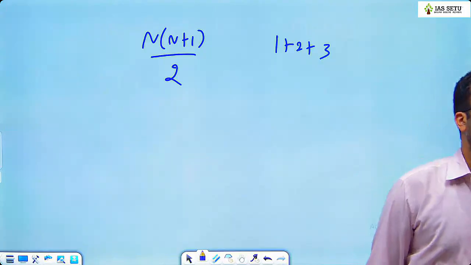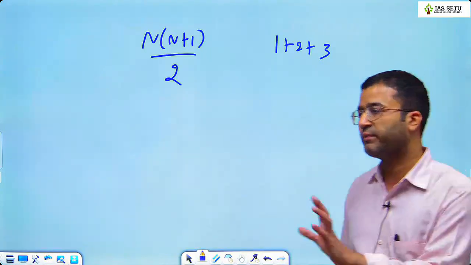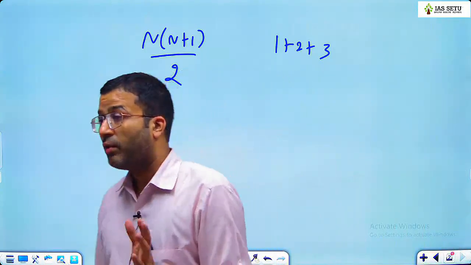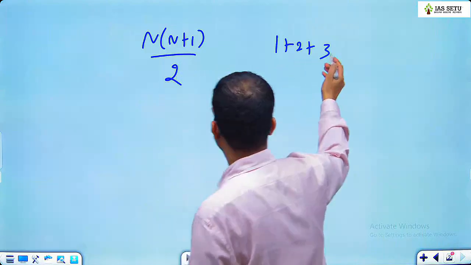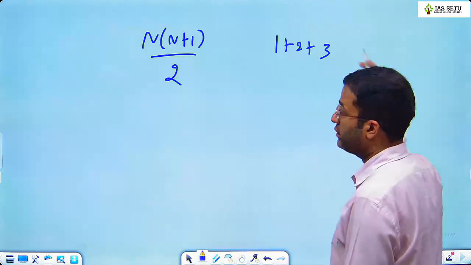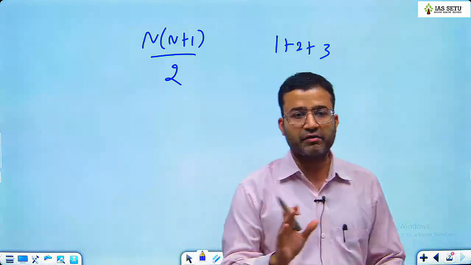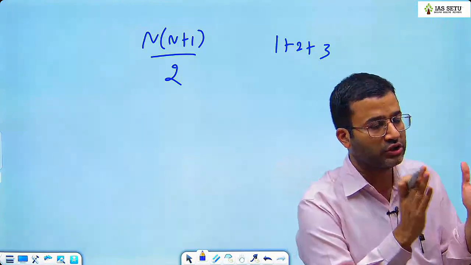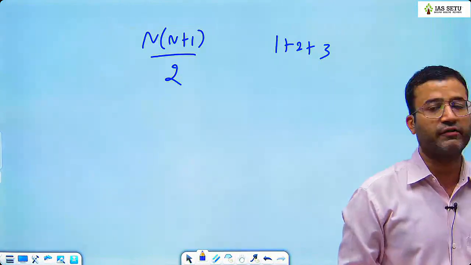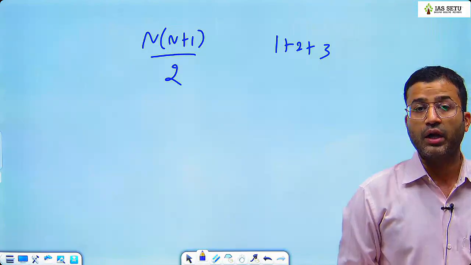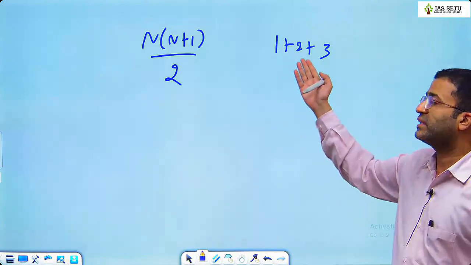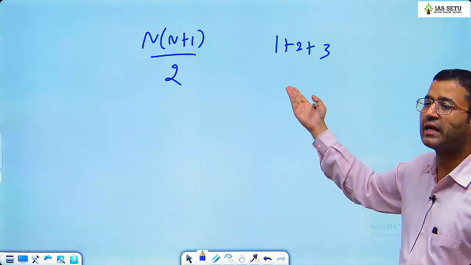The formula requires a fixed time. But if I ask you 1 plus 2 plus 3 plus 4 plus 5 up to 100, then this formula is really wonderful, because it requires minimum time. Whether the question is small or big, the formula requires the same time. But if your numbers are like 1 plus 2 plus 3, you directly add.